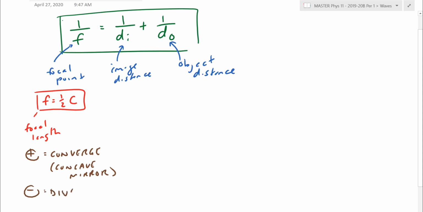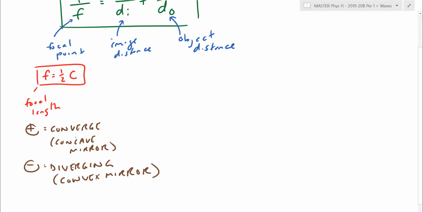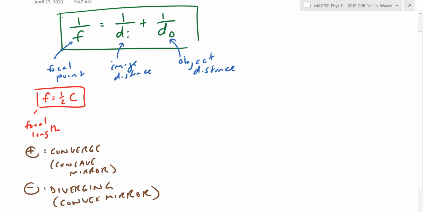This would be equivalent for the diverging type of device. And in this case for the mirror, we're looking at the convex, the bulgy side of the mirror. Although we're going to use the exact same formula for lenses, converging still is positive, diverging is negative. For a lens, it's actually a convex lens that converges, and a concave lens that diverges. So just be careful, mirrors and lenses are opposite.